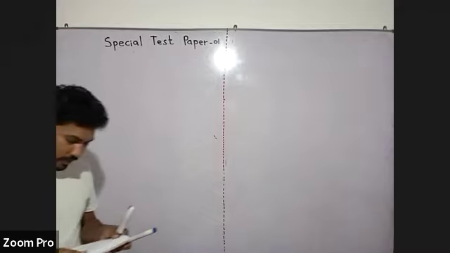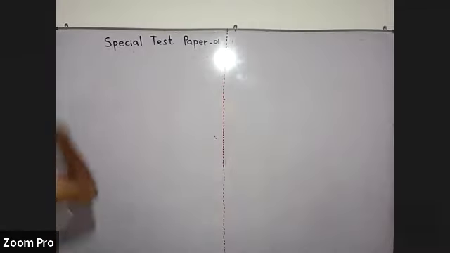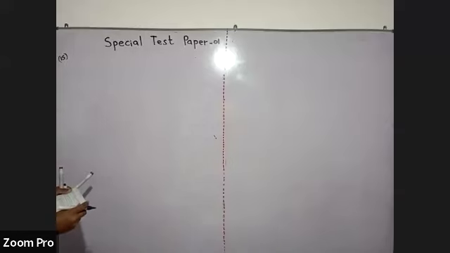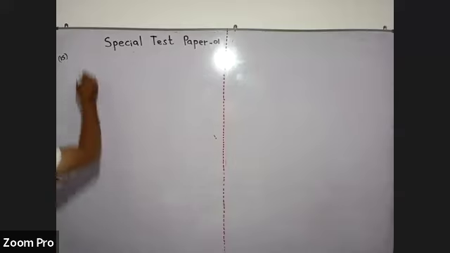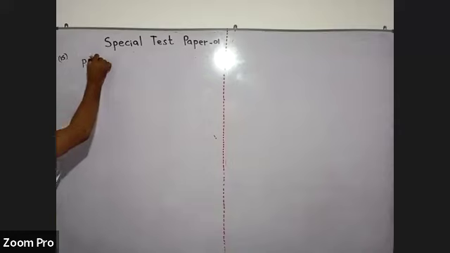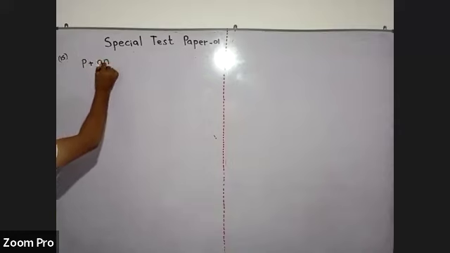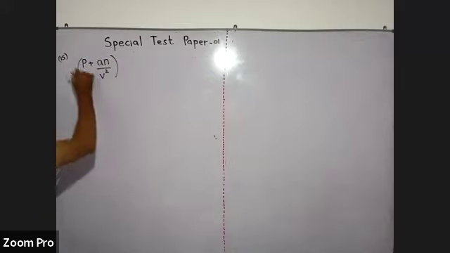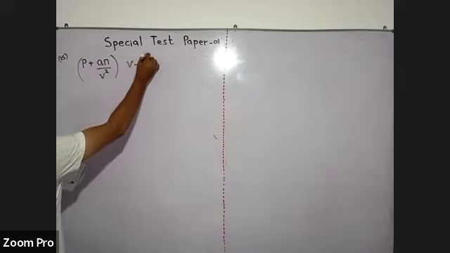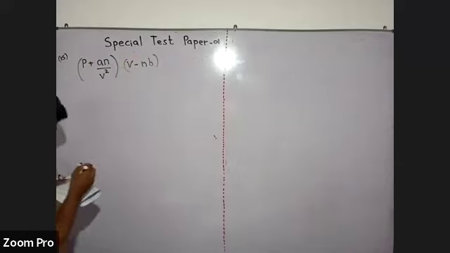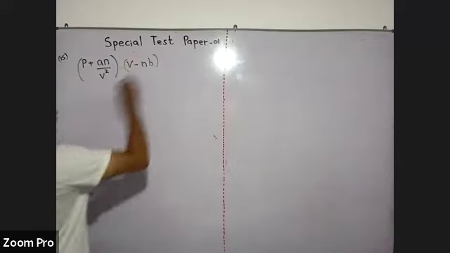Right. Let's move on to the 15th question. Real gases deviate from PV equals nRT and their behavior can be expressed by the equation P plus An over V squared, times V minus nb, equals nRT.